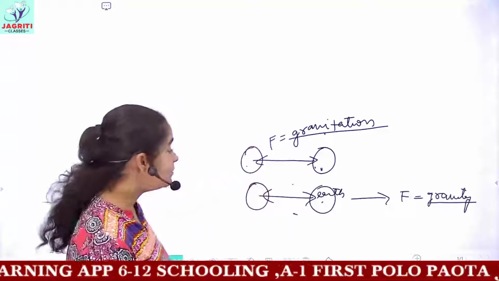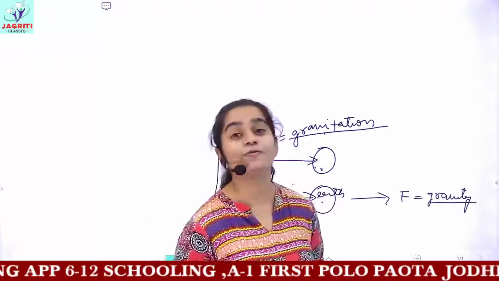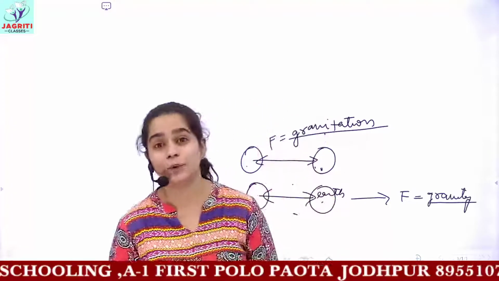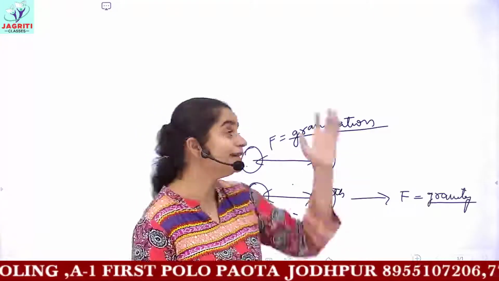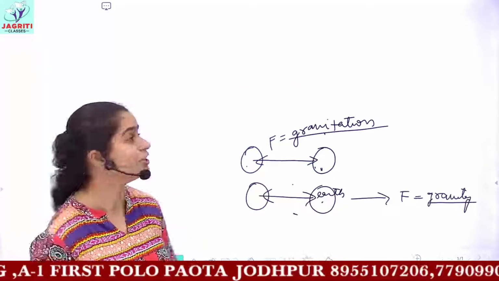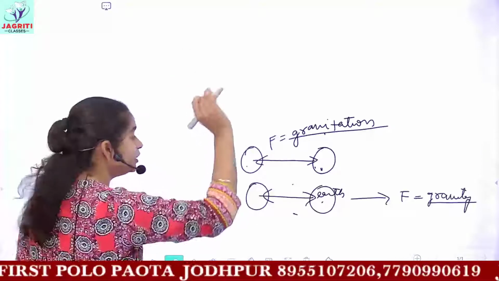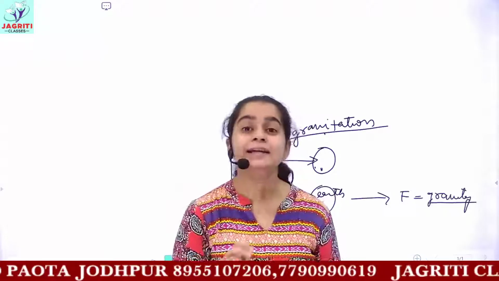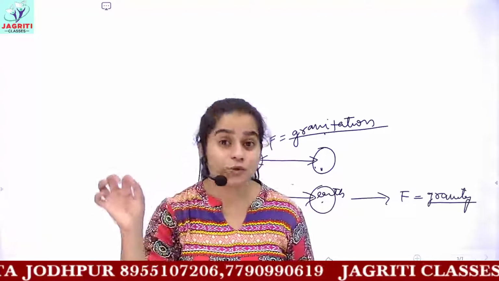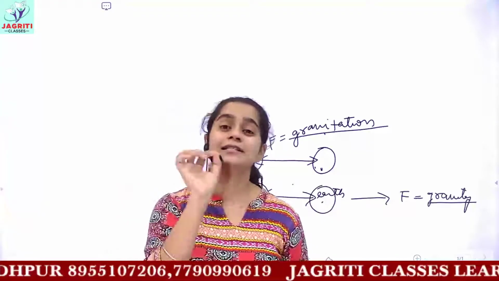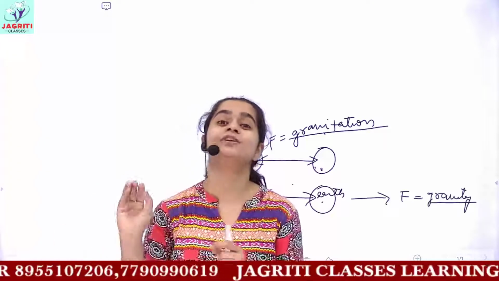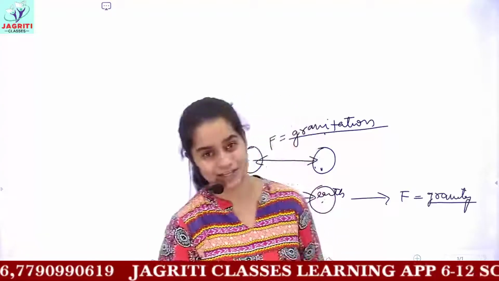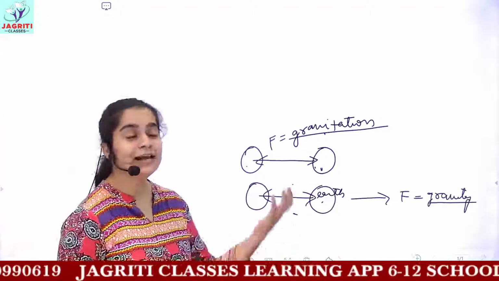Then we discussed the universal law of gravitation. I told you the statement of the universal law, which is quite important. Then we also saw the derivation of the universal law of gravitation and the formula. The statement was that the magnitude of the force is directly proportional to the product of the masses and inversely proportional to the square of the distance between both the objects.